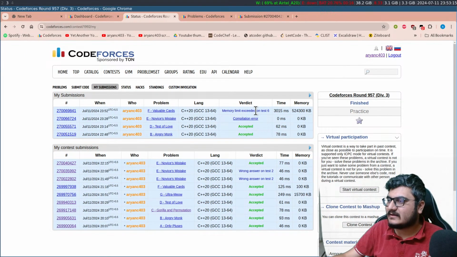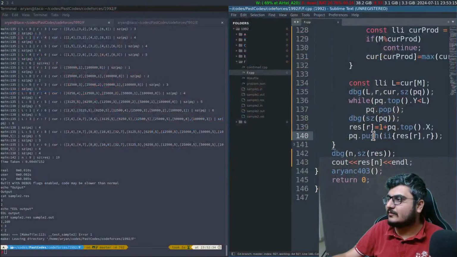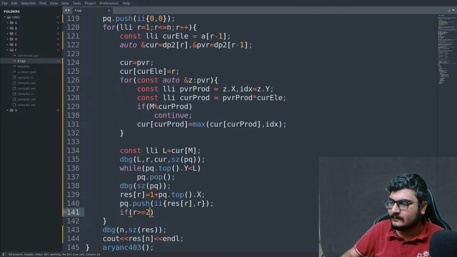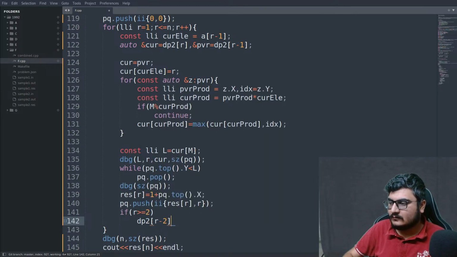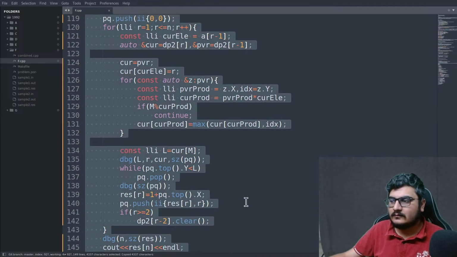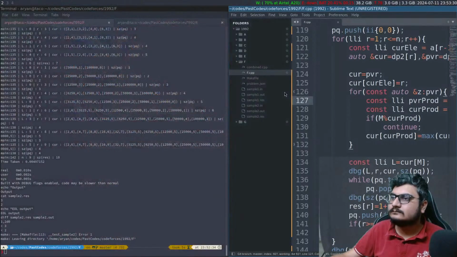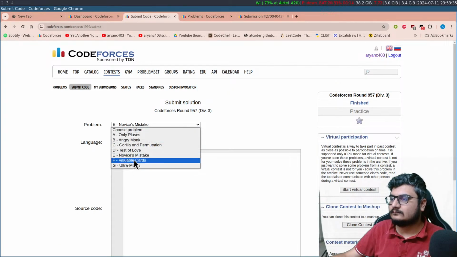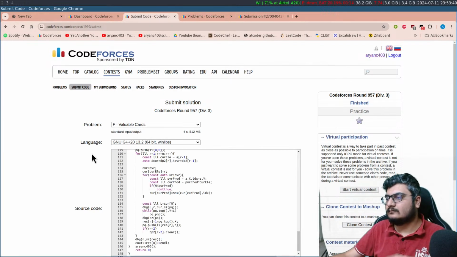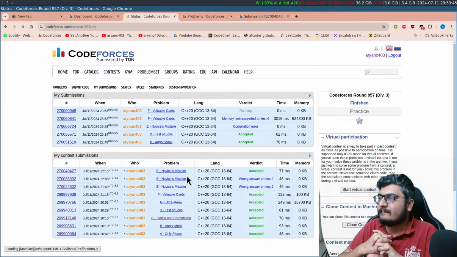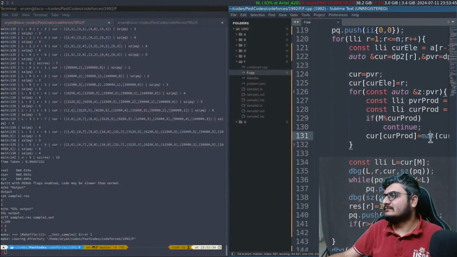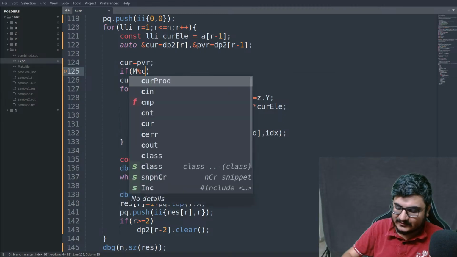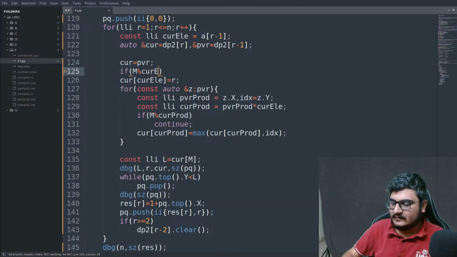Okay, memory limit exceeded. This might be because we are using probably a lot more memory. Oh wait, if current element divides product, then only we should add it.